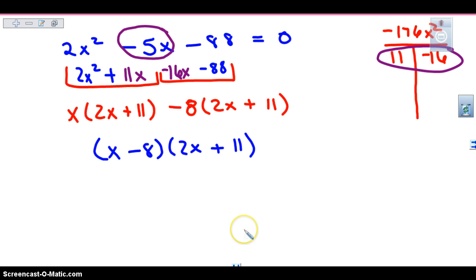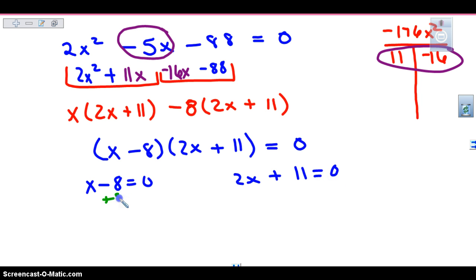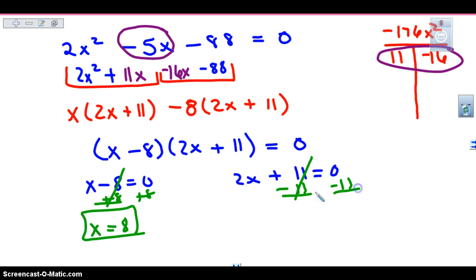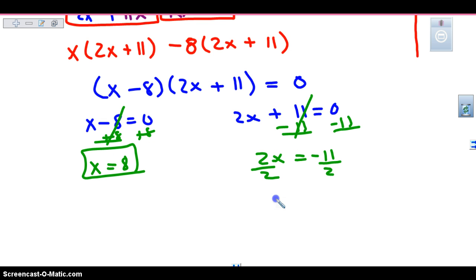If we use the zero product property, we set this equal to 0. x minus 8 equals 0 and 2x plus 11 equals 0. If we solve each of these, add 8, x equals 8. Subtract 11 from both sides, x equals negative 11 over 2.